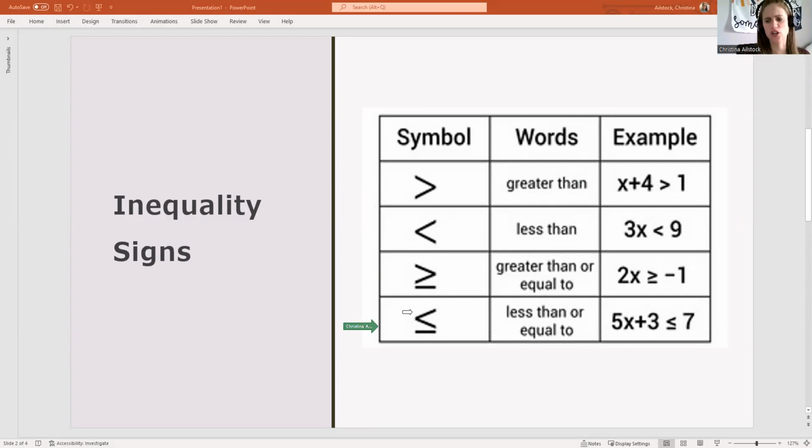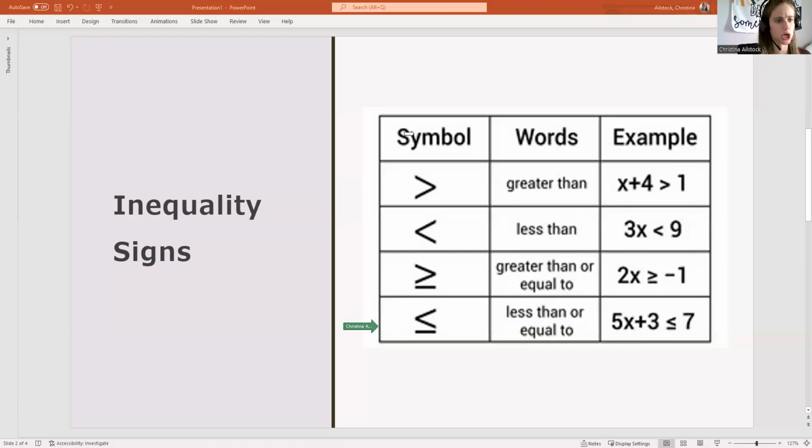When it comes to the actual steps of solving an inequality, the steps are pretty similar to when we solve an equation, which you would have done in a prior year. But the main difference between inequalities and equations is the meaning of their answer.